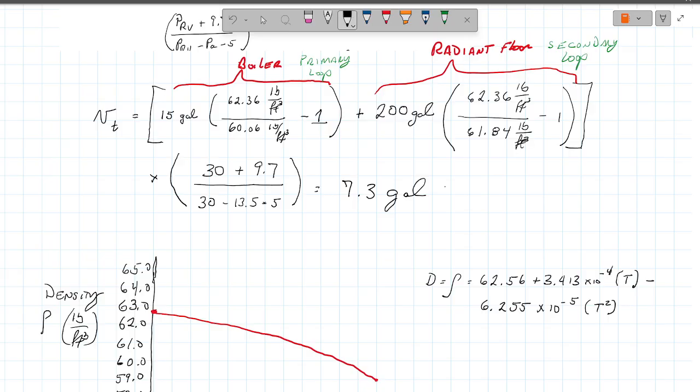It's a curve that changes with the square of the temperature. So we've got a polynomial equation here for this curve.